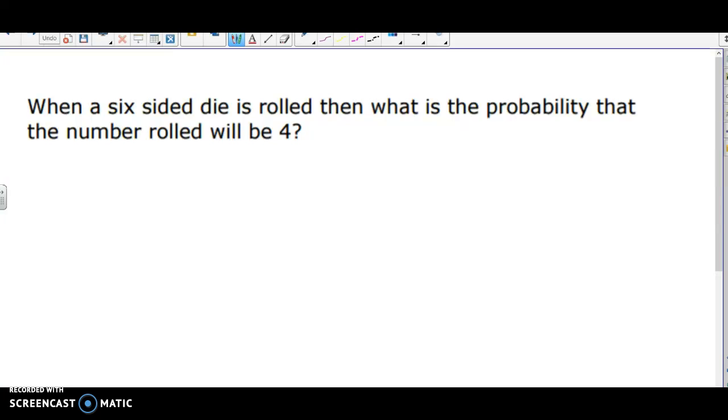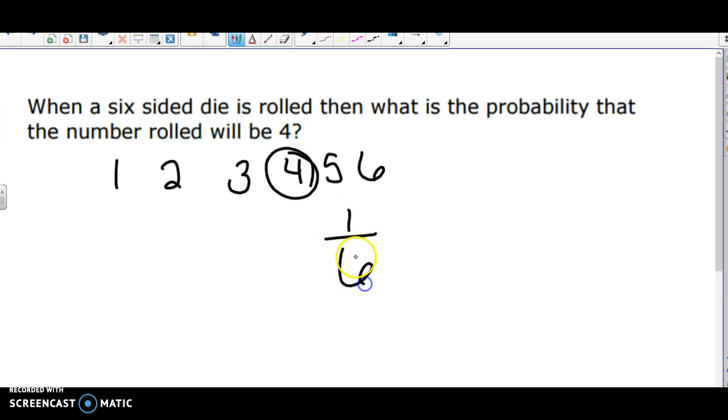When a 6-sided die is rolled, what is the probability that the number rolled will be a 4? Go ahead and write down the answer. There are 6 numbers on a die. Only one of them is a 4, so it's 1/6.